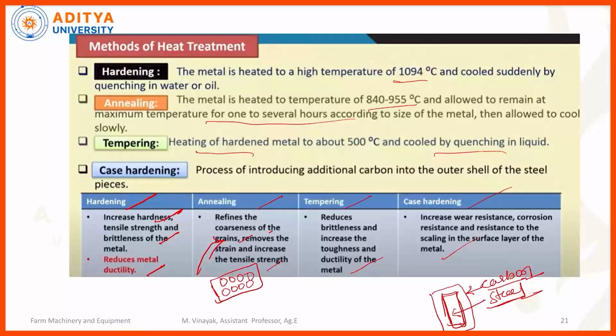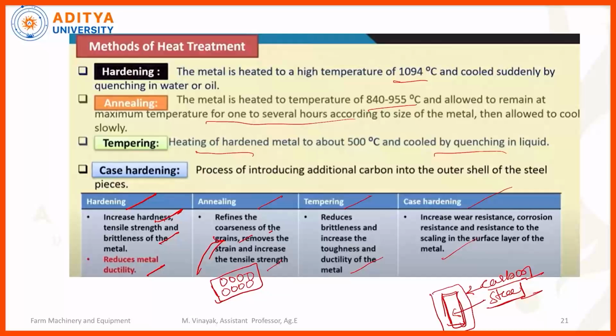So in the case hardening method, the wear resistance increases. Why? Because the outer layer of the material is coated by carbon, so that's why it can increase the wear resistance.